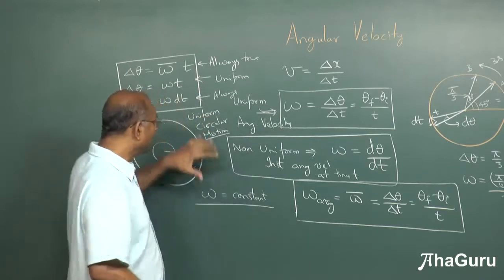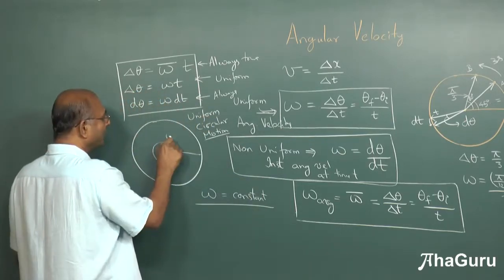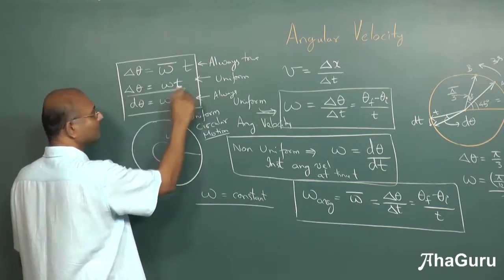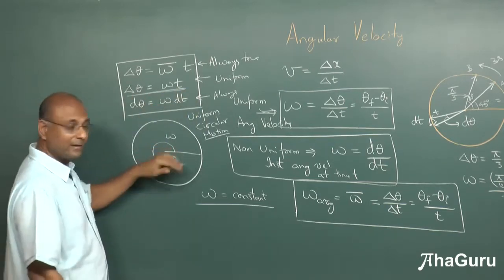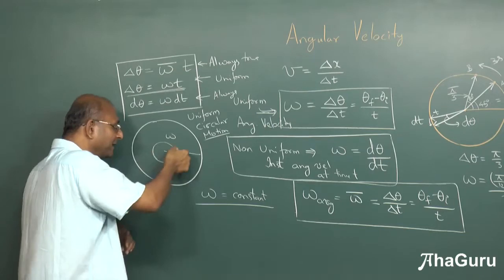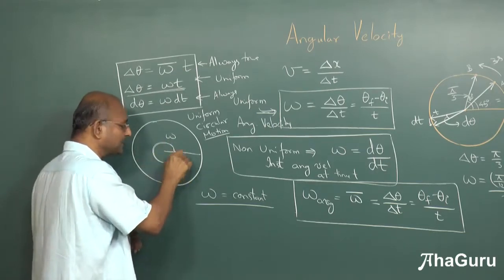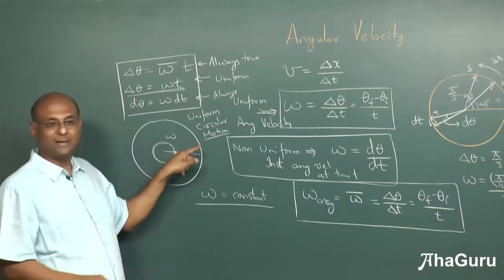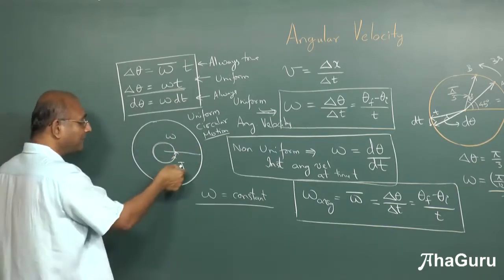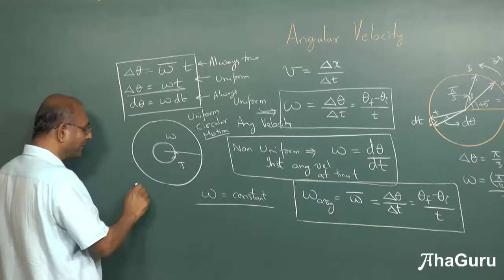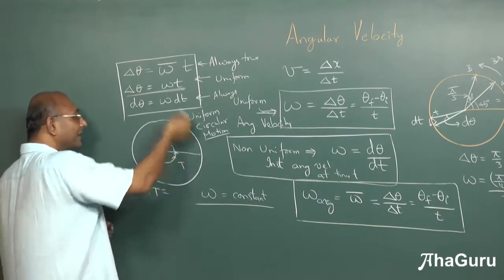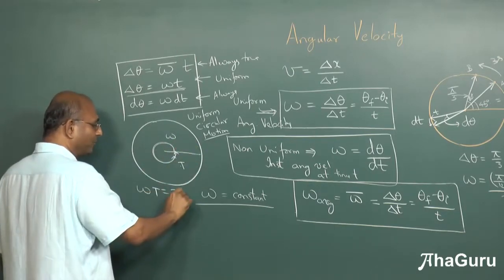If angular velocity as it's going around is constant, we say the particle is going in uniform circular motion. Okay? Now if that happens, that means omega is constant, you can use this. Correct? How much angle would it have covered in capital T seconds when it comes back to this place? If it takes T seconds to come back to the same place, how much angle would it have covered? Omega t. But I already know it has come back, so that means that must be 2 pi.